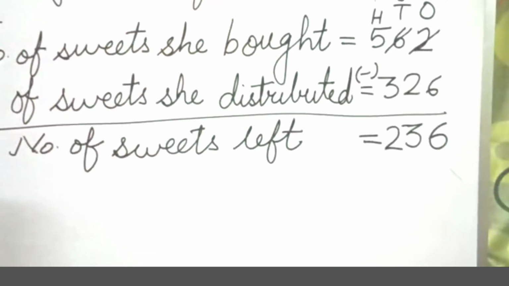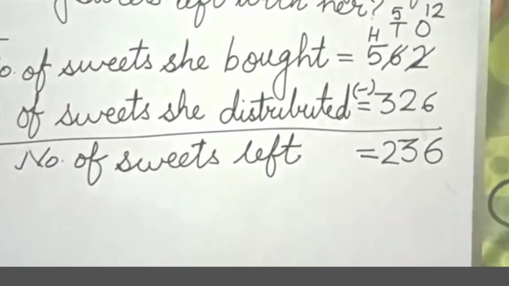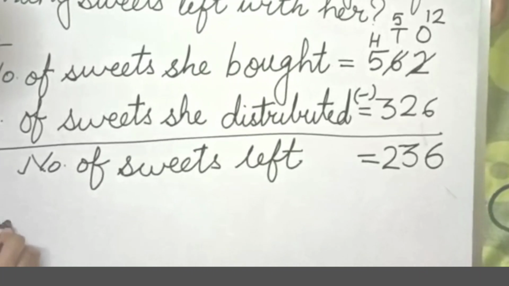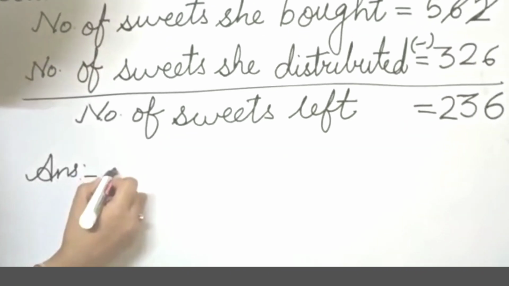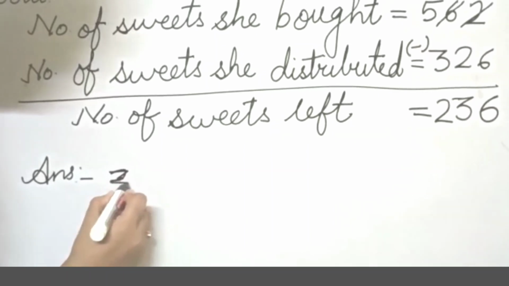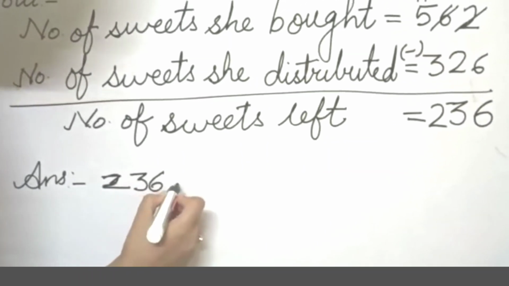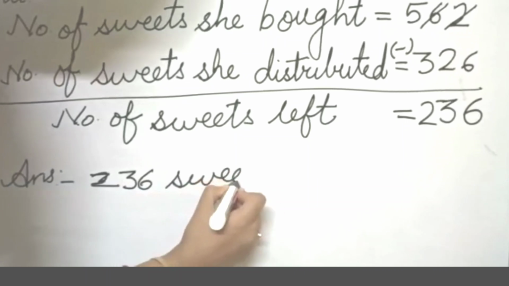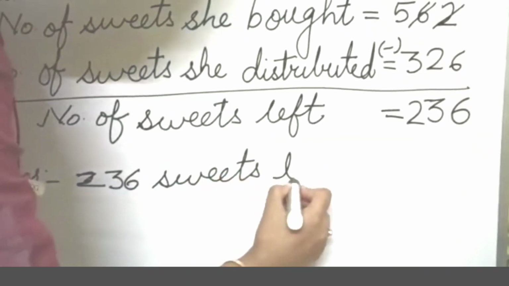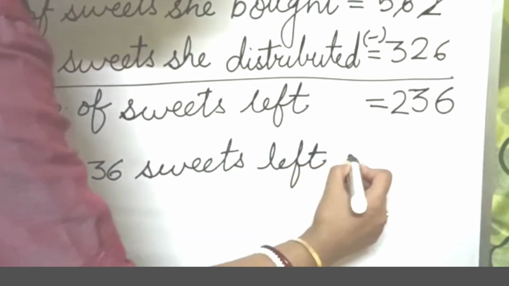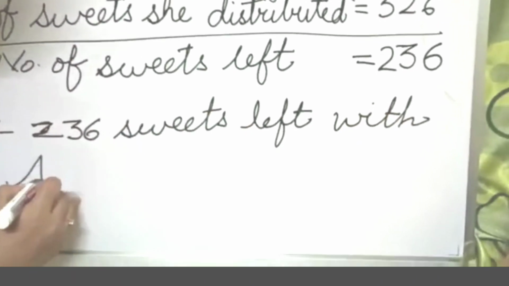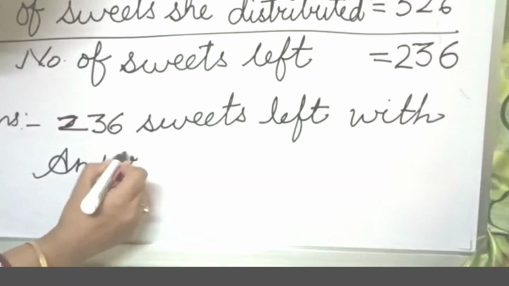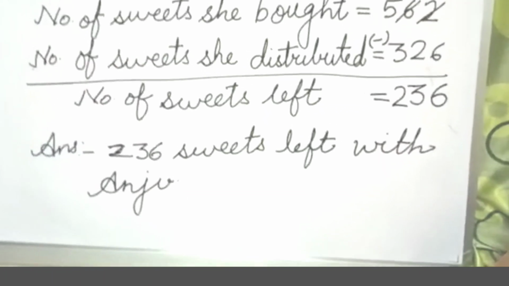So how many sweets are left with Anju? Now we will write down the answer: 236 sweets left with Anju. Now see the sum, students.